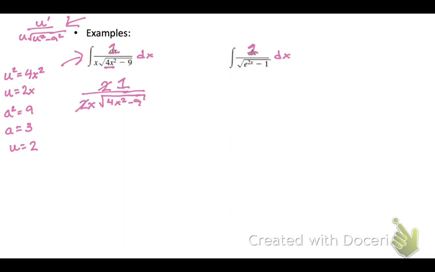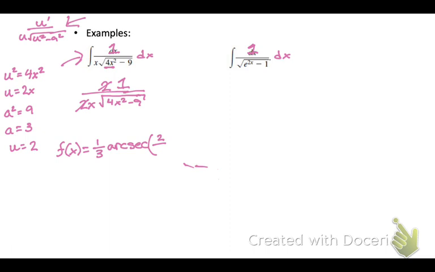Okay, so now my rule was 1 over a, so f of x equals 1 over 3 arc secant of u over absolute value of u, but u is 2, so we don't need the absolute value.